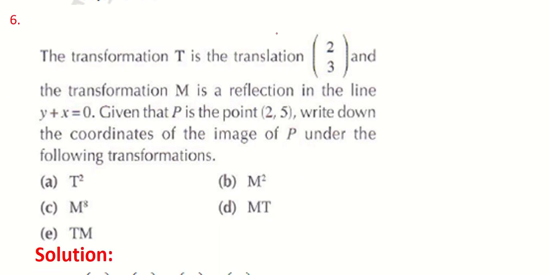Question number 6. In this case, we have T for translation and M for reflection in the line y is equal to -x. y plus x is equal to 0 means y is equal to -x. Reflection in y is equal to -x, this is a key point.